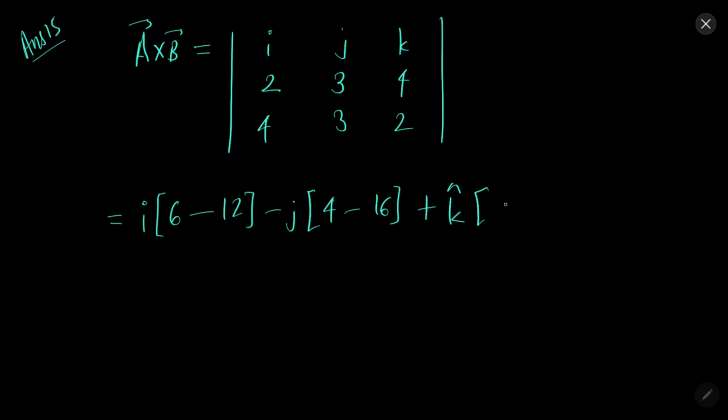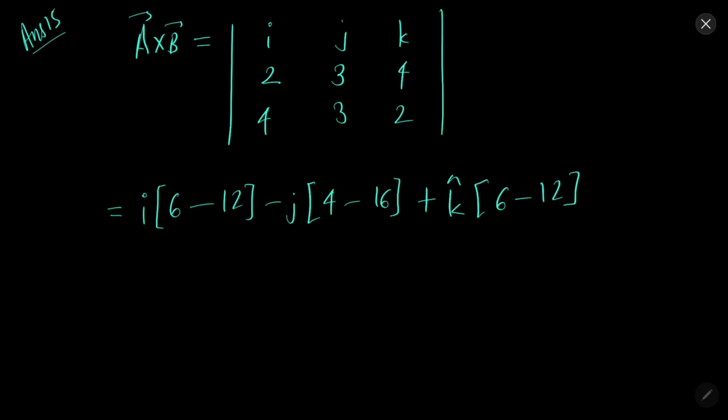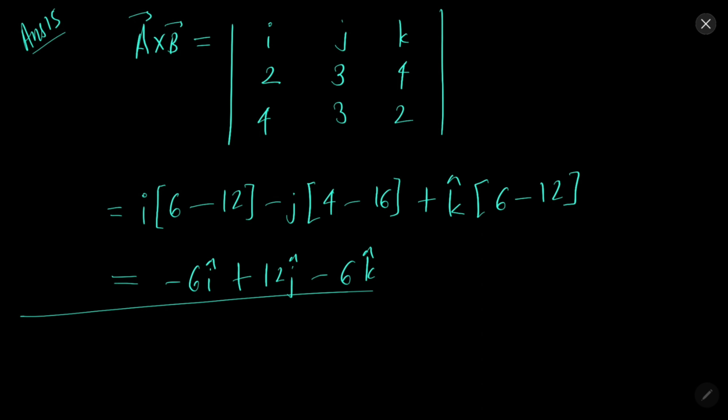So 2 into 3 is 6, 4 into 3 is 12, with a minus here. After simplifying this, you will find minus 6 i cap plus 12 j cap minus 6 k cap. So this will be your cross product.